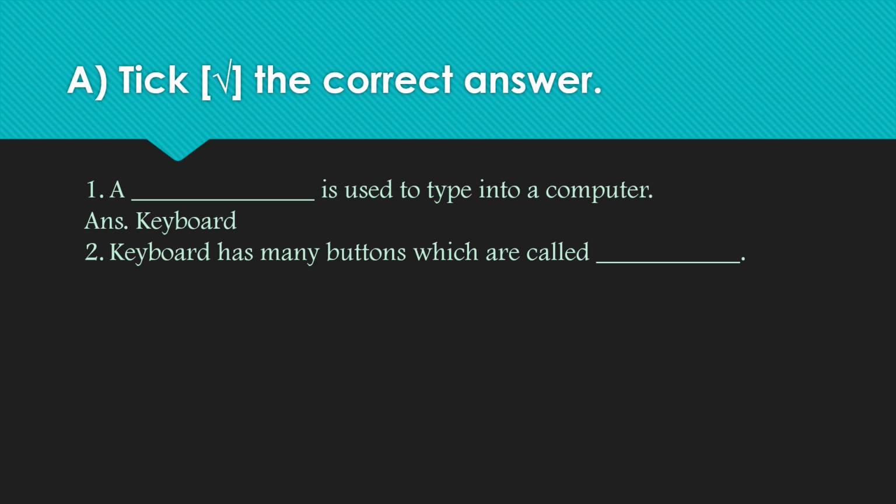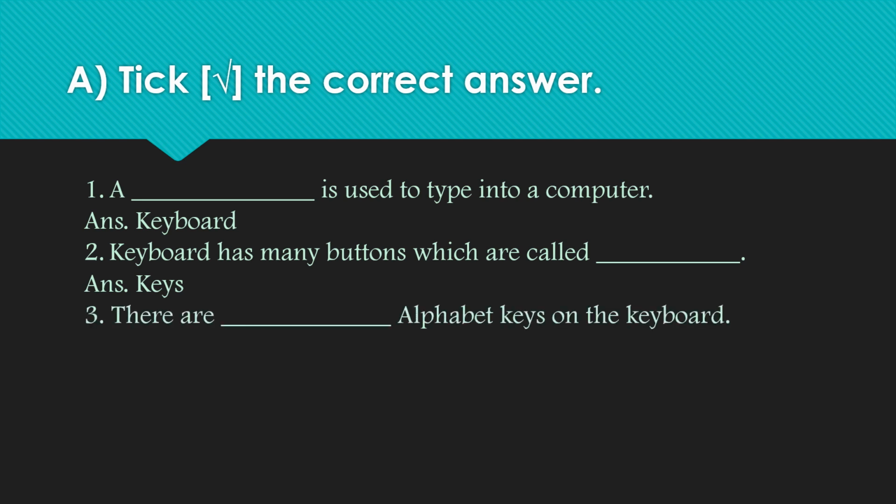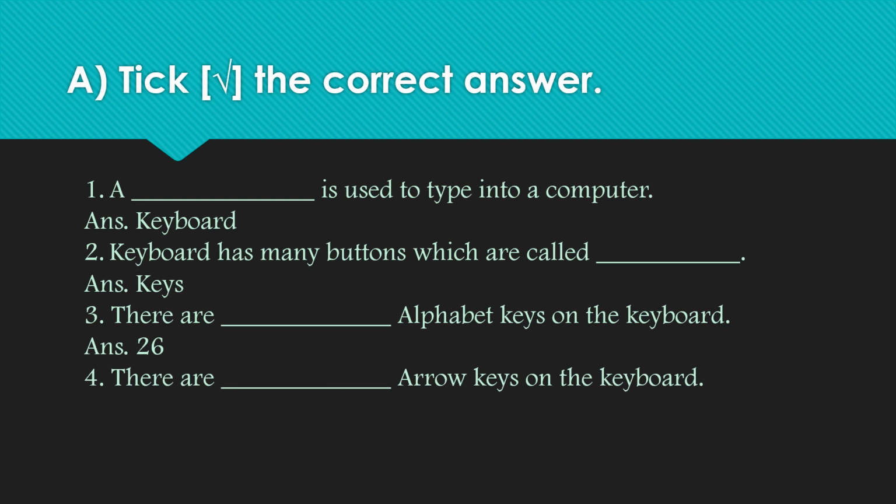Keys, options or icons? The right answer is keys. Number 3, there are dash alphabet keys on the keyboard. There are 26 alphabet keys on the keyboard. There are dash arrow keys on the keyboard. How many arrow keys, children? There are 4 arrow keys on the keyboard.